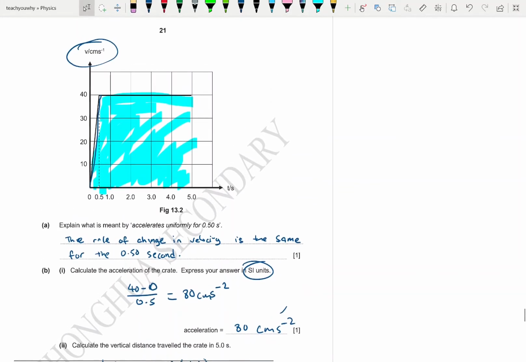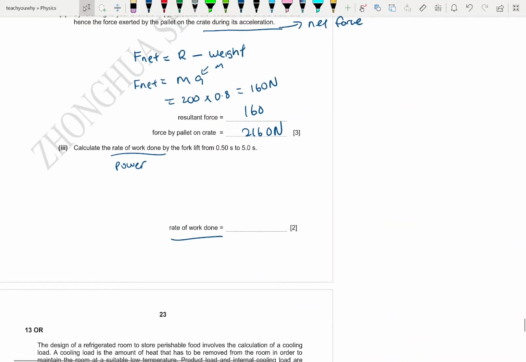Okay, we can use this formula. I don't know whether anyone has taught you this, but you can use this formula: power equals force times velocity. Or we can also use power equals work done over time. So what is my force?